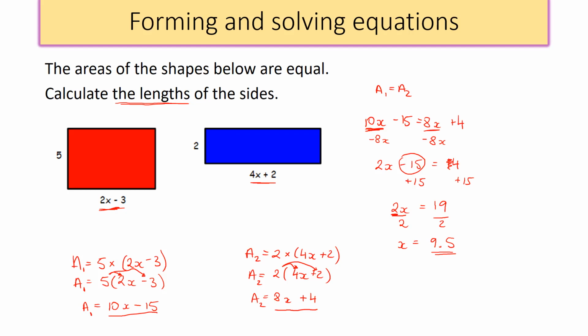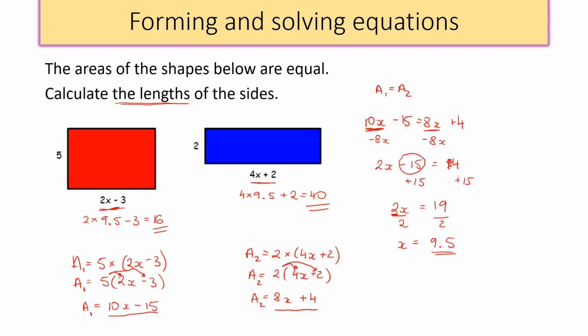So here I have 2 times 9.5, take away 3, and that is 16. And here I have 4 times 9.5, add 2, and that is 40. So 40 is the length in the blue rectangle, and 16 is the length of the red rectangle.